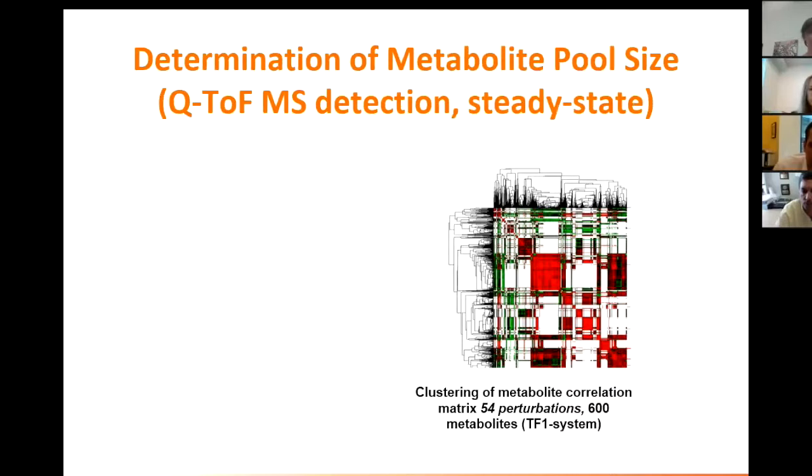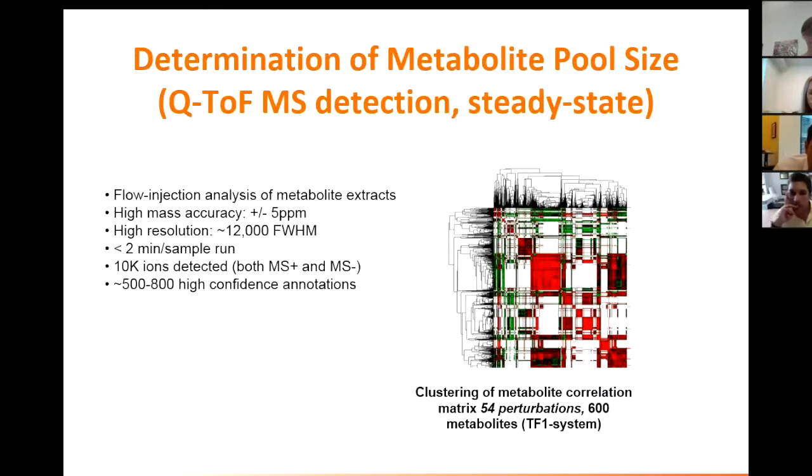So this example here is a complicated flow cartoon that is a measurement of a metabolite pool, where you're looking at 600 metabolites that are being measured in a cell in response to perturbation of IDH, and it gives you an idea of changes in metabolite abundance.